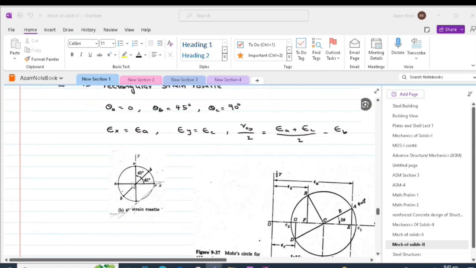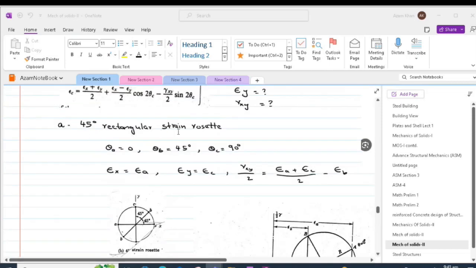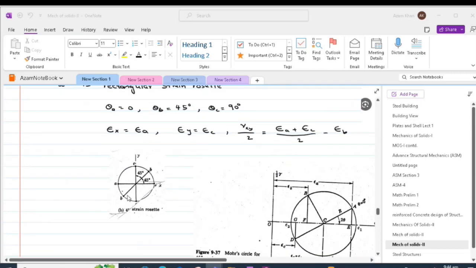So in the case of the 45-degree rectangular strain rosette, we can have the first strain gauge arranged along a particular axis, say X, then another strain gauge arranged at 45 degrees, and the third strain gauge arranged at 90 degrees with the first strain gauge. Please note, this is not a Mohr circle. This is just showing the 45-degree strain rosette.